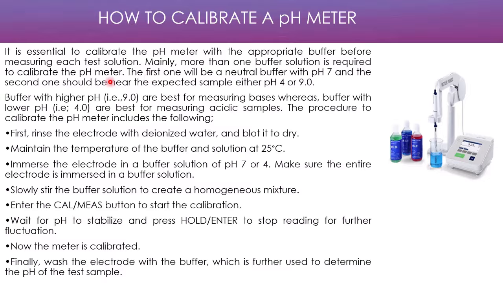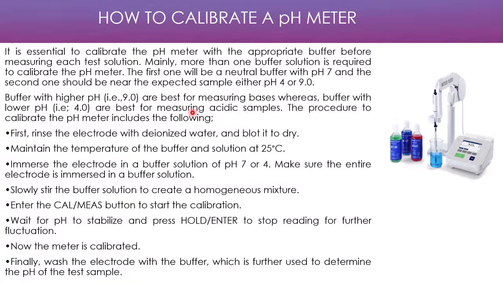The first one will be a neutral buffer with pH 7.0, and the second one should be near the expected sample, either pH 4 or pH 9. Also, buffers with higher pH, around 9.0, are best for measuring bases, whereas buffers with lower pH are best for measuring acidic samples.